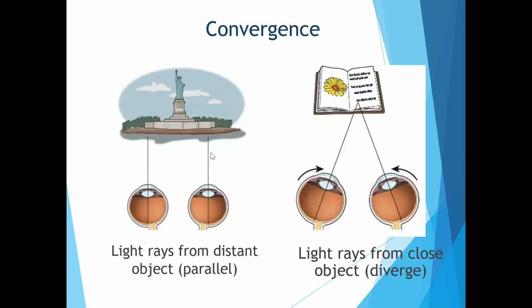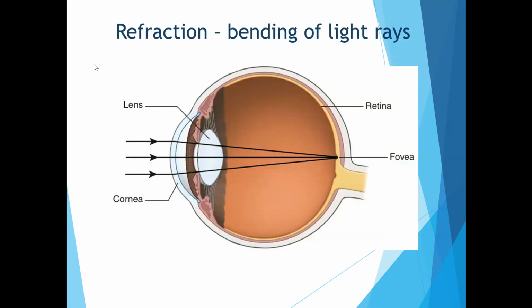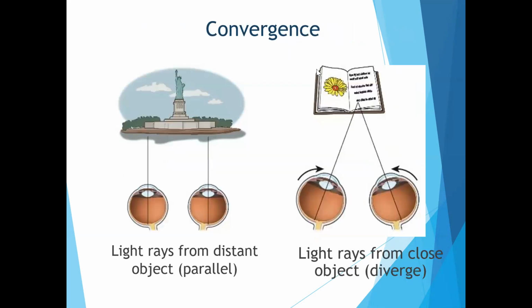So convergence is our next. So refraction, really the only thing you need to know, think refraction equals bending of the light rays. Convergence is the actual movement of our eyeballs. So when we're looking at something far away, it's fine for our eyes to stay parallel to get on the visual axis. When we get something closer, the light waves actually diverge more.